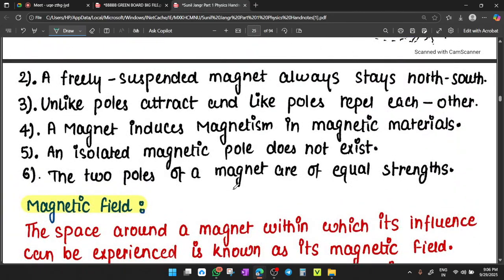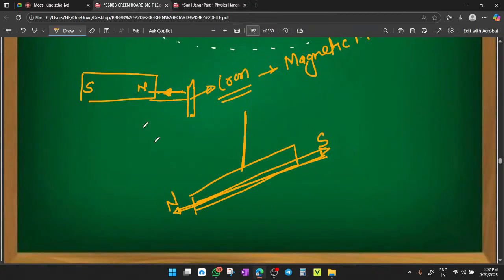A freely suspended magnet always stays in the north-south direction. We know it very well. Unlike poles attract and like poles repel each other. A magnet induces magnetism in magnetic material. Yes, this is a new thing. How? Let us see. We have a magnet with a north pole and a south pole.